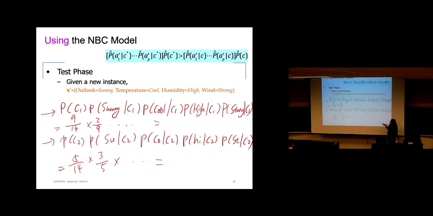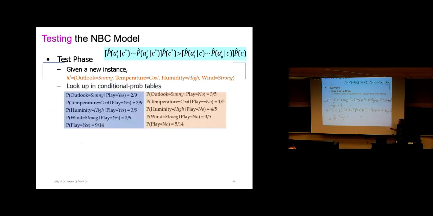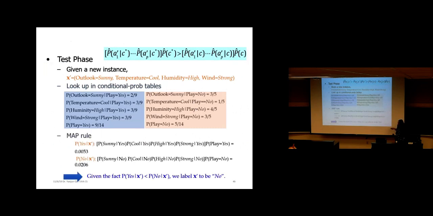You also look up what is P(sunny | C1), what is P(sunny | C2), what is P(cool | C1), P(high | C1), P(strong | C1). You look up from those tables, you do the calculation, the same thing for the C2 class, the no class, and then you just get the numbers.